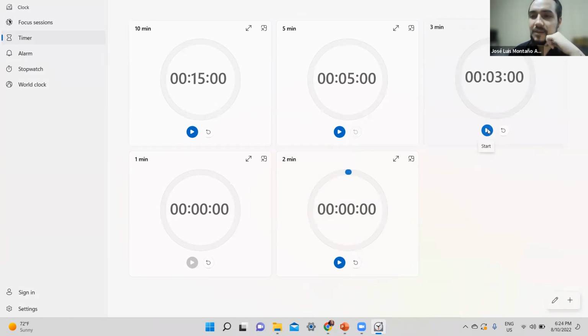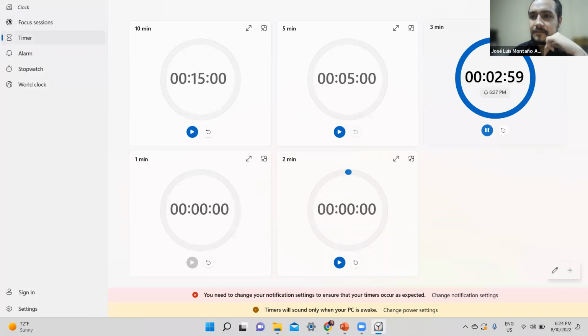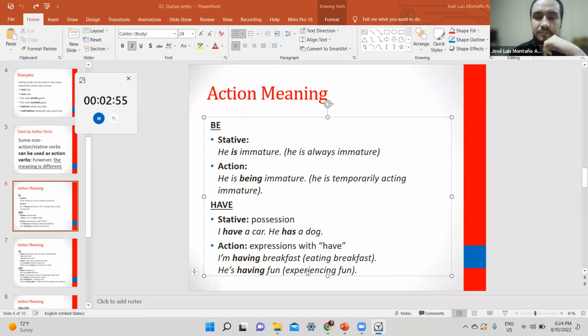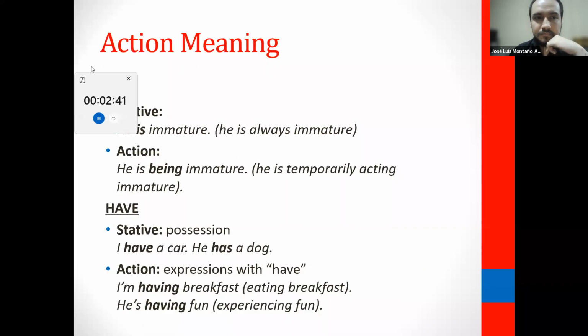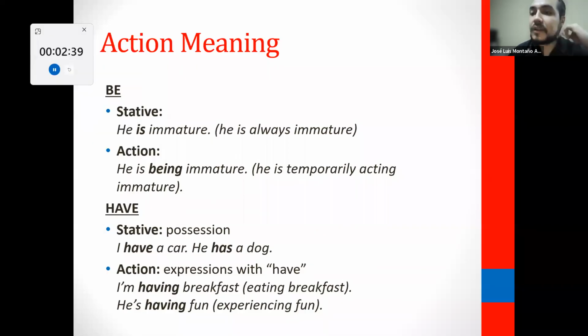Let's try the 4 examples. All right, don't get scared, please, because you're going to hear a sound when the time is up. No se van a asustar, van a escuchar un sonido cuando termine el tiempo.